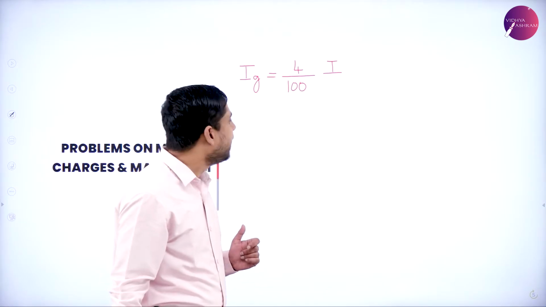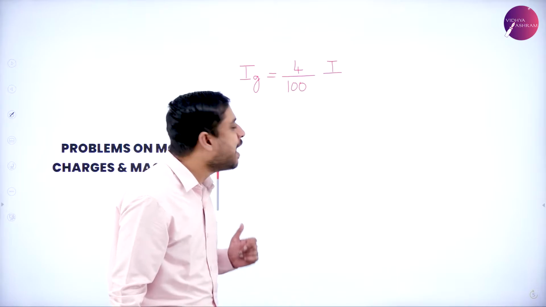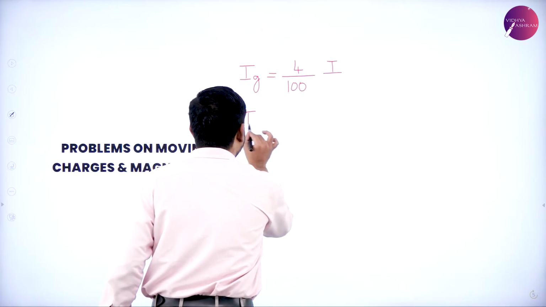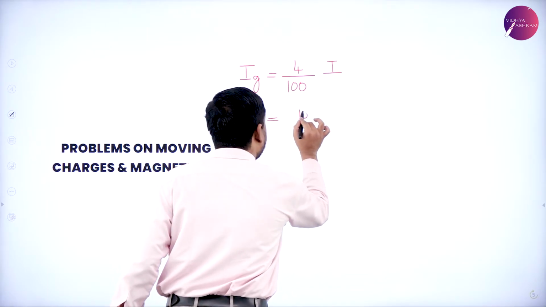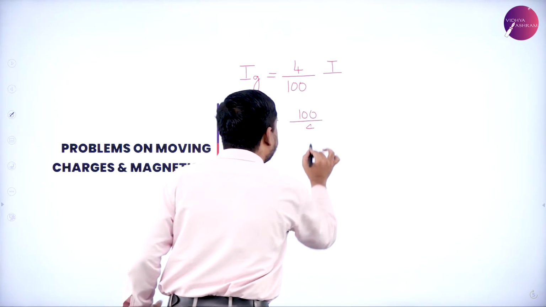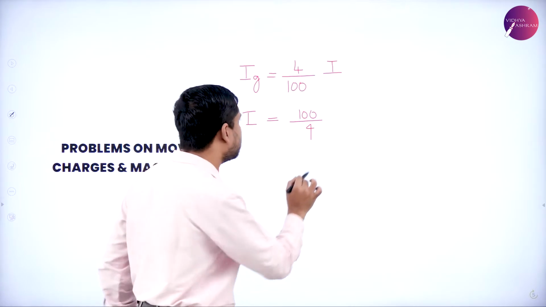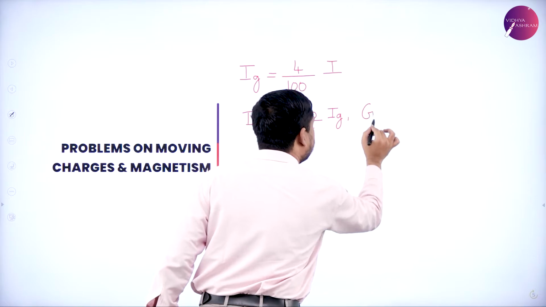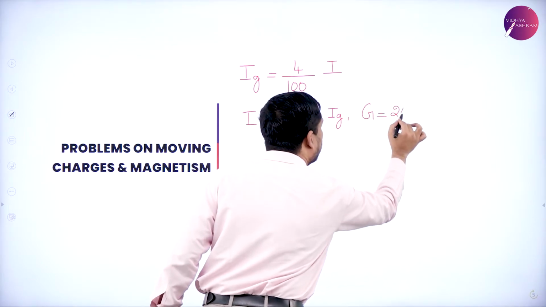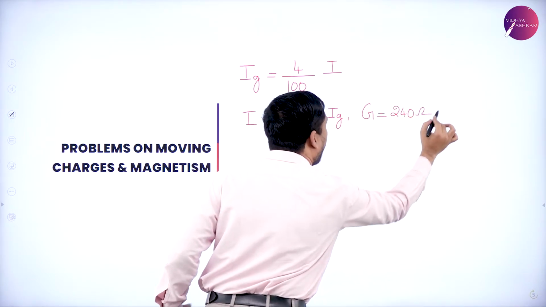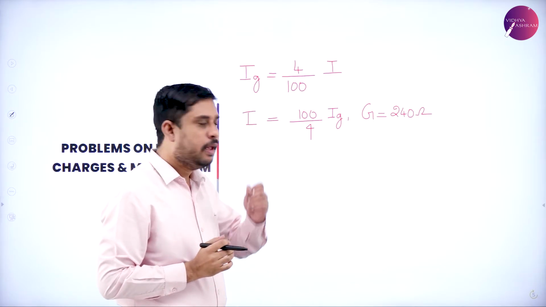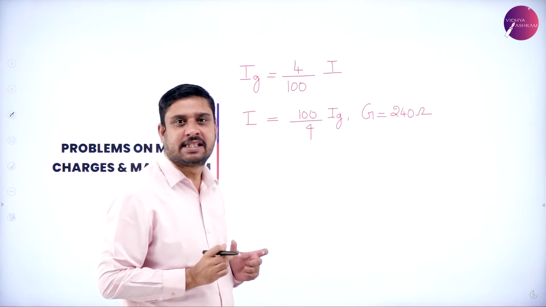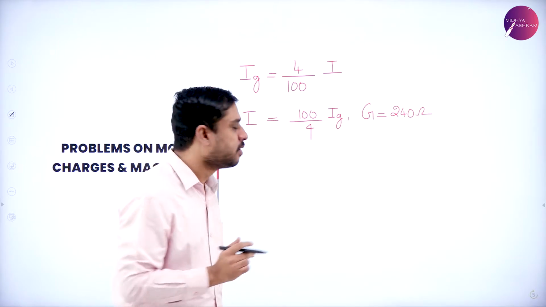So, Ig is 4 by 100 of I, or I will be 100 by 4 times Ig, and G is given to be 240 ohms. Now I have to calculate the shunt resistance for this to happen.